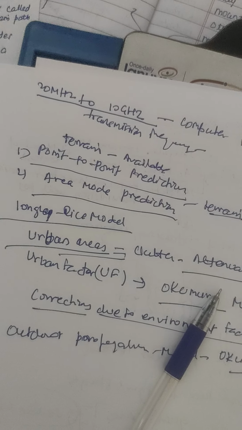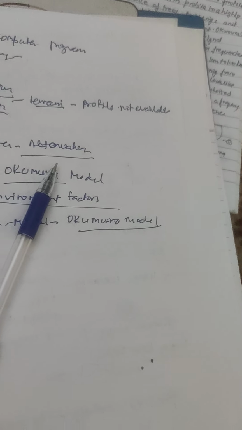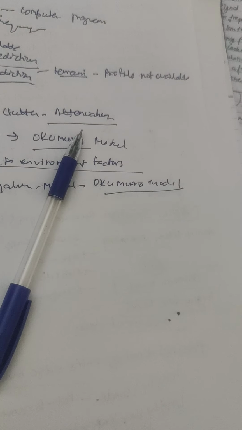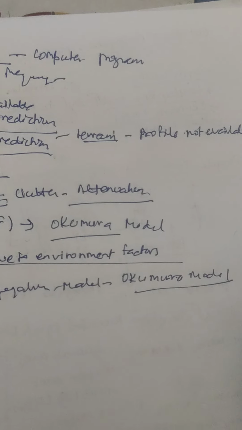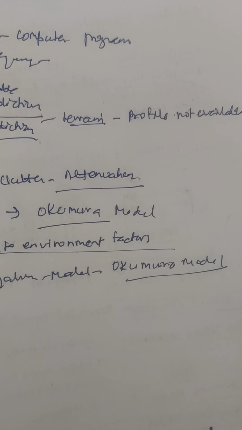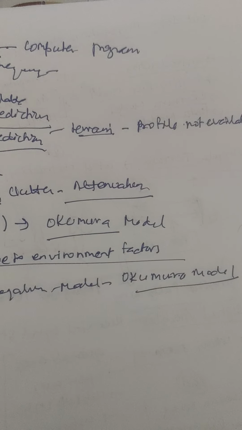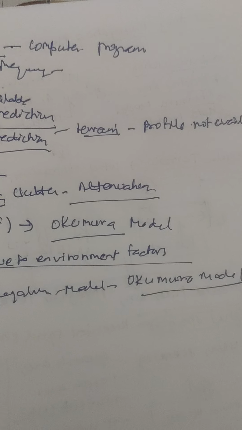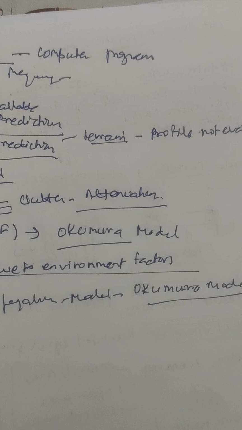This Okumura model is basically applicable to predict the received signal strength in urban areas. So the presence of trees, buildings, and other obstacles is also taken into account in this Okumura model. It is one of the most widely used models for signal prediction in urban areas.